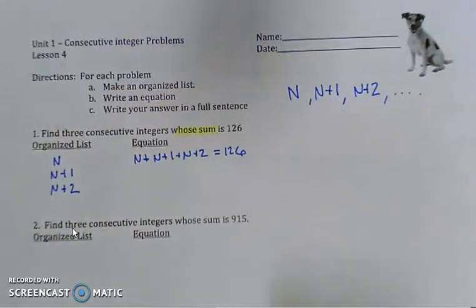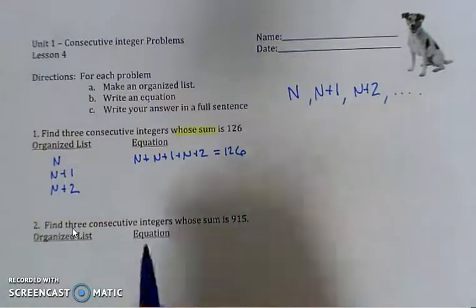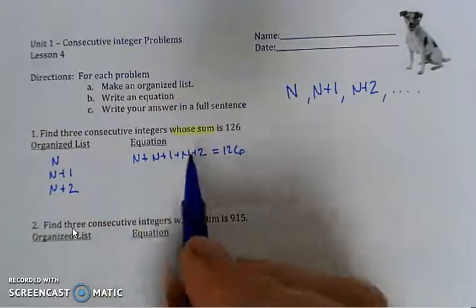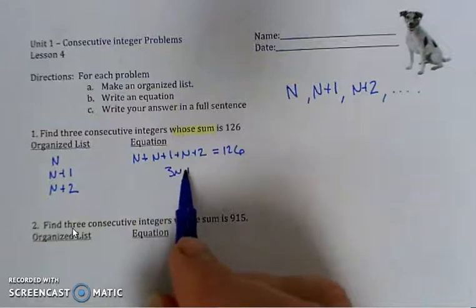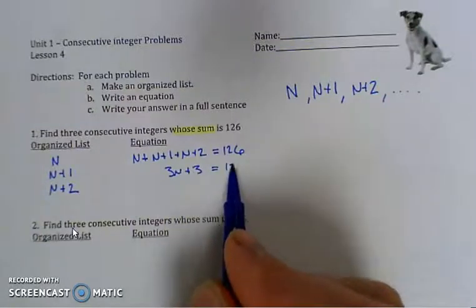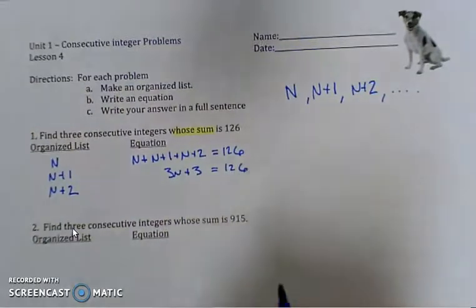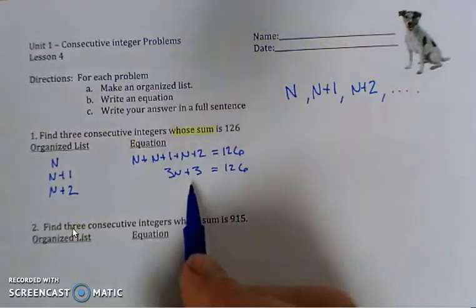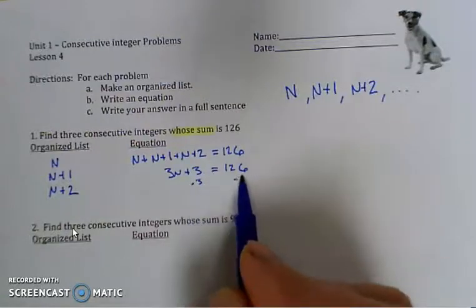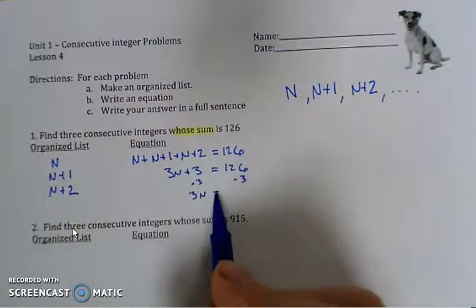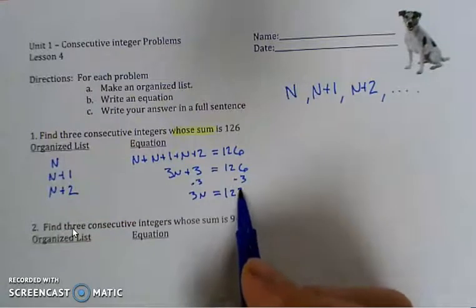At this point, I just use my algebra skills, and I can add n plus n plus n. I've got 3n plus 3 equals 126. I now know that if I subtract 3 from both sides, 3n equals 123.